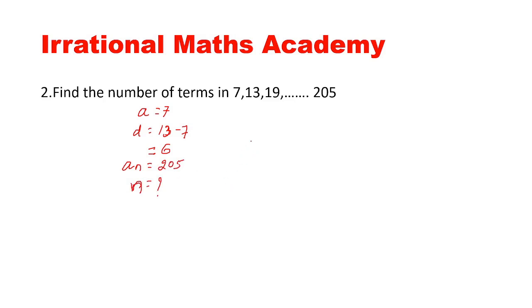So what is the formula? An equals A plus N minus 1 into D. An value they already gave, 205. A value is what? 7, plus N minus 1. N value we don't know.